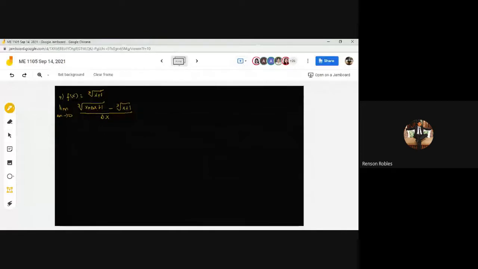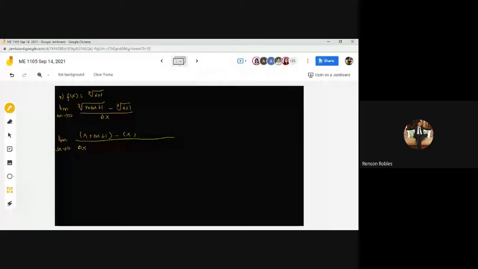Our goal is to have limit delta x approaches 0. So here below should be delta x alone. And on the numerator, it should be x plus delta x plus 1 minus x plus 1. So that later on, we can remove this delta x.